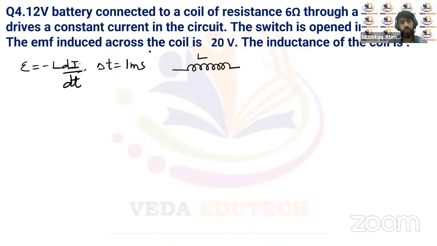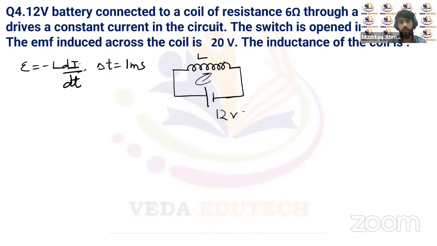So the EMF induced in this coil is actually 20 volts. Now let's suppose this is connected to a battery of 12 volts. Now we can apply Kirchhoff's law in this circuit as well.